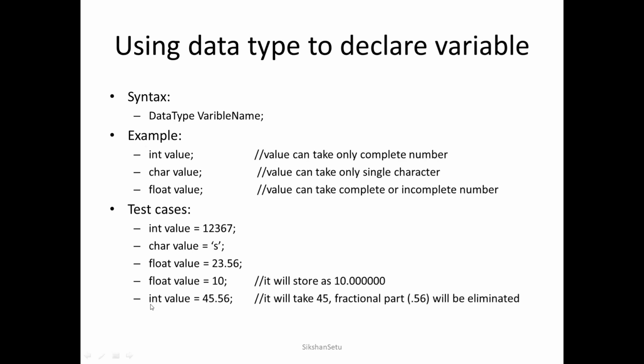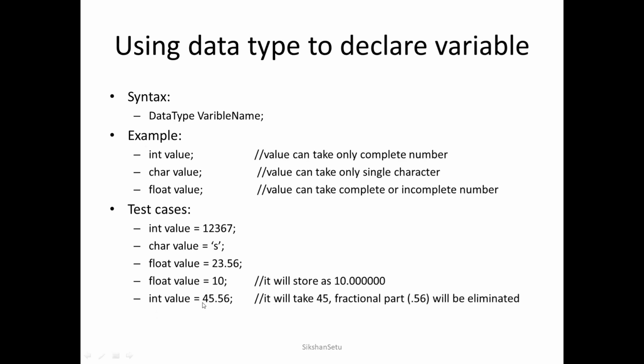And then if I write integer value equals 45.56, since this value variable is declared with int, and the meaning of int is only complete numbers, but you are giving an incomplete number to value, which is 45.56. So what will be the case here?